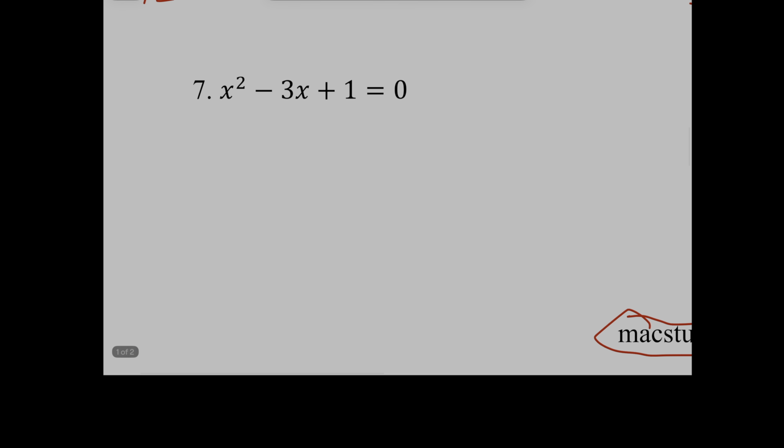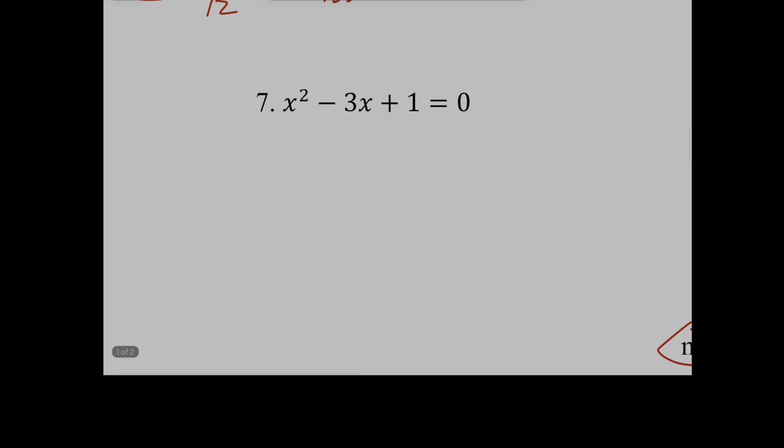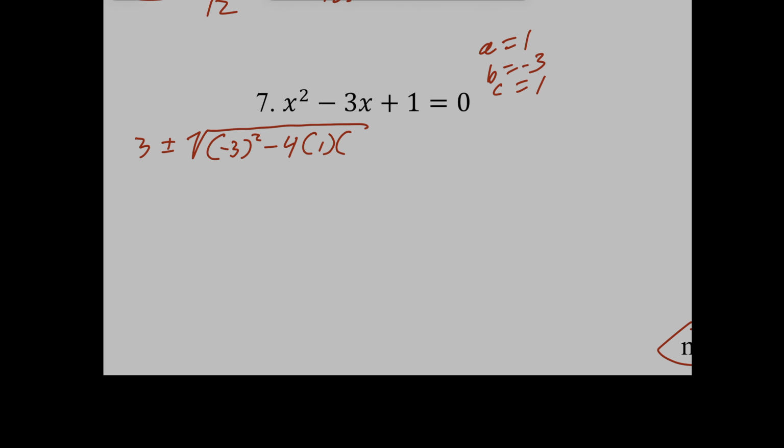All right, let's keep going, guys. I've got 2 more to show you, and then you should be pros at the quadratic formula. A equals 1, B equals negative 3, C equals 1. Opposite of B plus or minus the square root of B squared minus 4 times A times C, all over 2A.